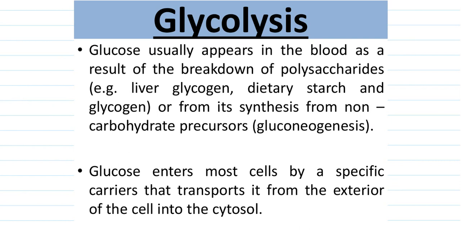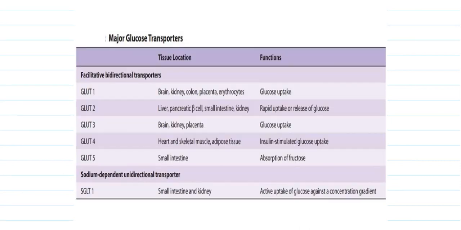After that, glucose will be carried to the cell, from the exterior to the interior of the cell, or in the cytosol. Okay, that is how glucose will be carried to the cell, because glycolysis occurs in the cytosol. Glucose needs to be present in the cytosol in order for the glycolysis to occur. There are two major glucose transporters: facilitative bidirectional transporter and sodium dependent unidirectional transporter.